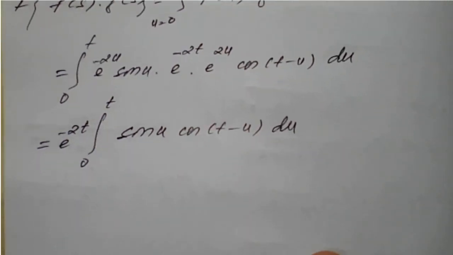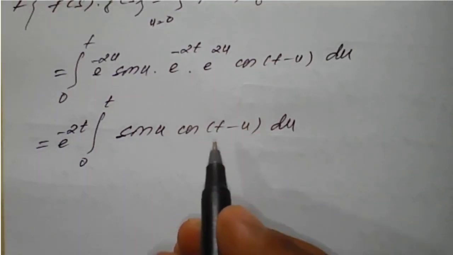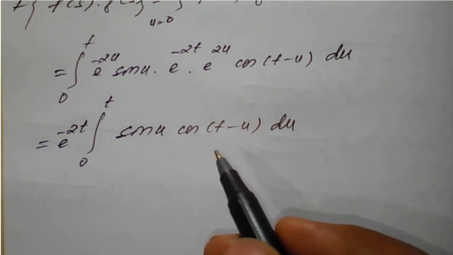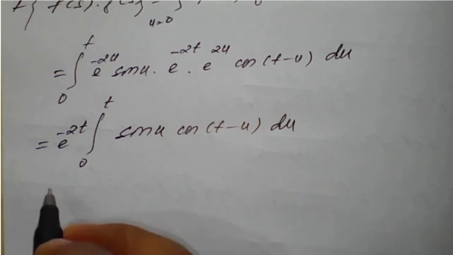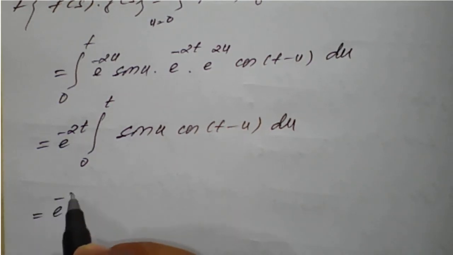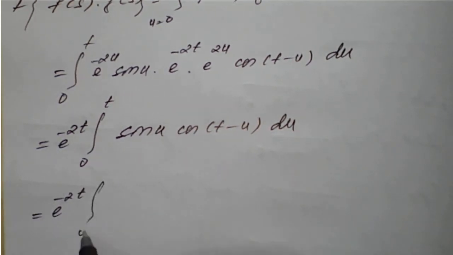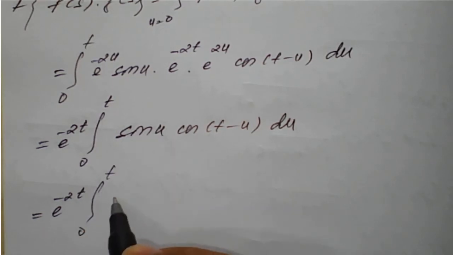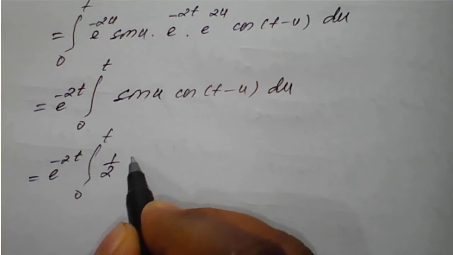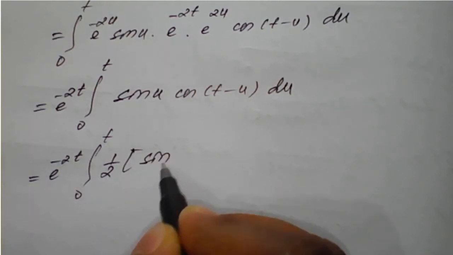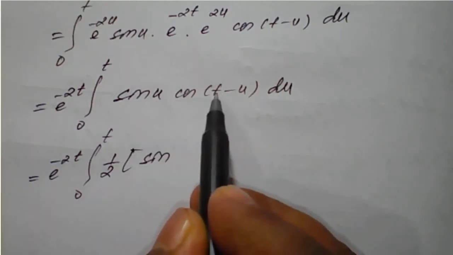Now here we need to apply the sin a into cos b formula, that is better. So e raised to minus 2t, integration 0 to t, is nothing but 1 by 2 times sine of a plus b, where a value is u and b value is t minus u.